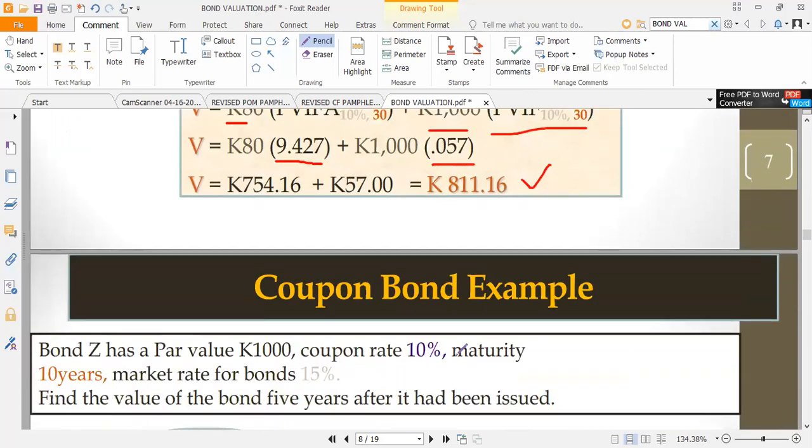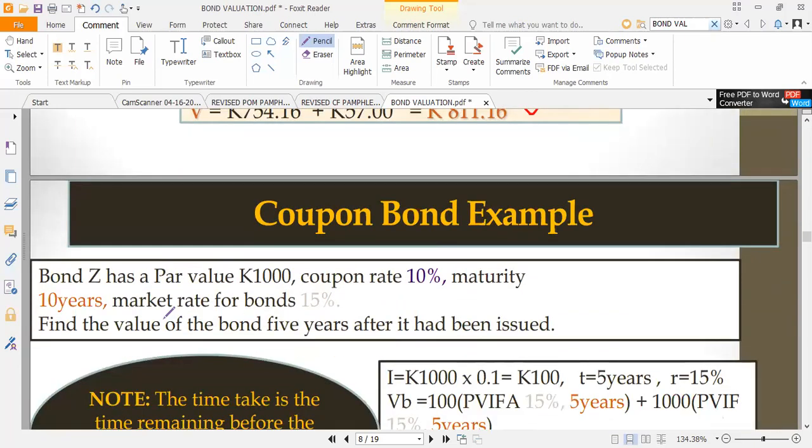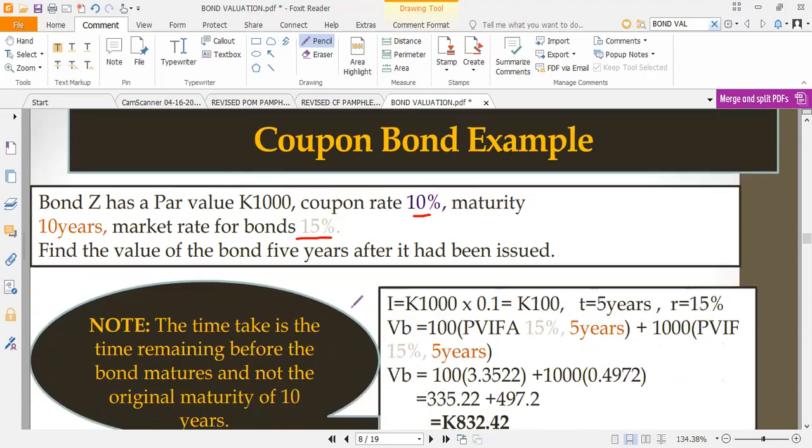All right. So same application. Suppose a bond has a par value of 1,000. Interest coupon rate is 10%. Maturity is 10 years. This has a market rate of 15%. So take note that whenever the coupon rate is smaller than the market rate, we're going to have a discount bond.